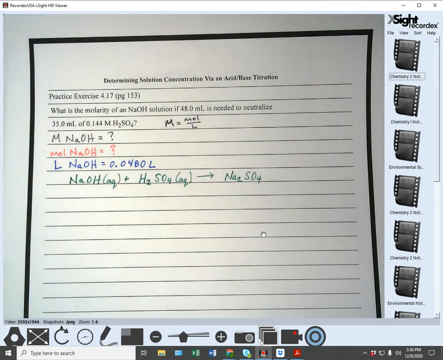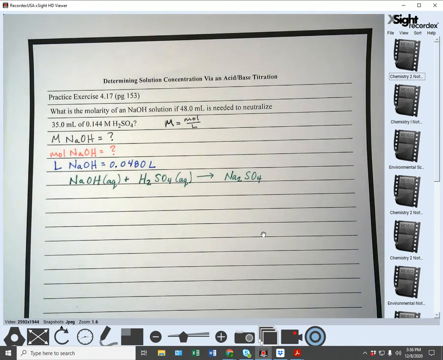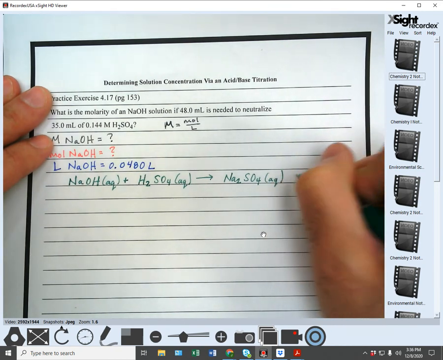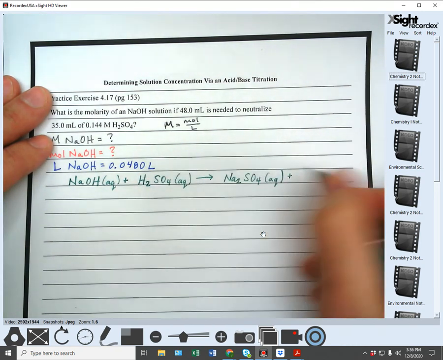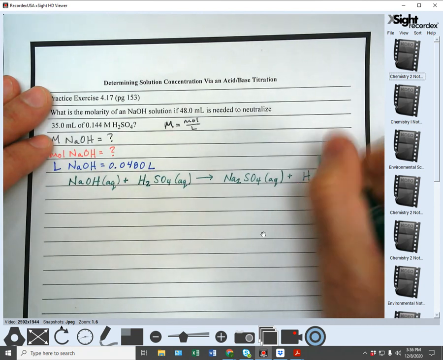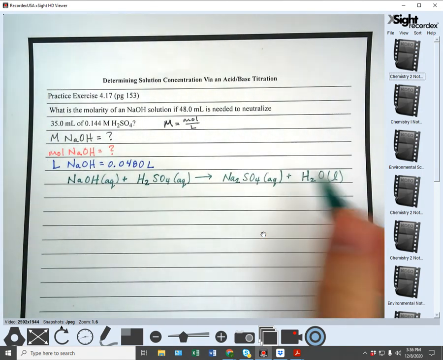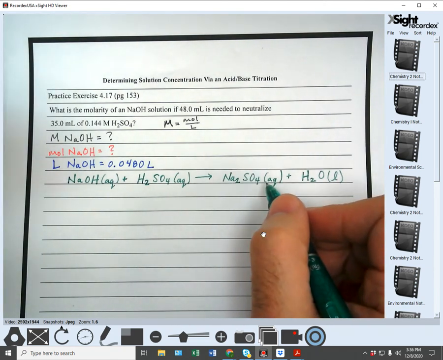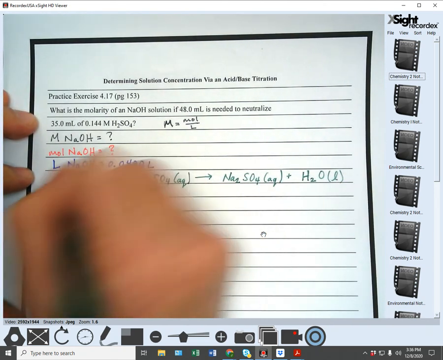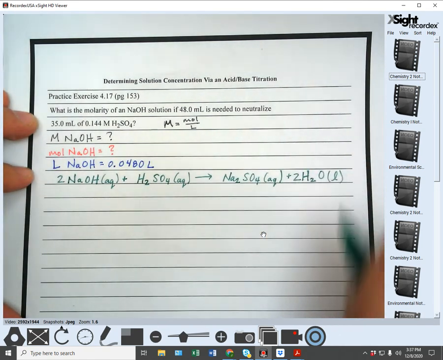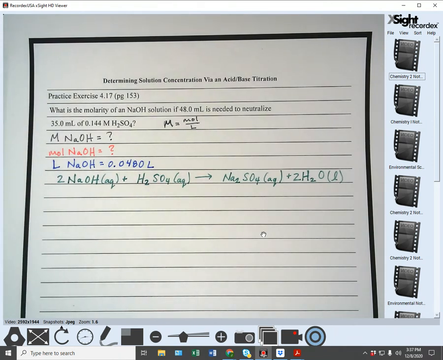Let me check my solubility. It should be aqueous, and it is. Plus we've got hydrogen and hydroxide, so that's going to be water, H2O liquid. So balancing, we would need a 2 here and a 2 in front of the water. And we're balanced. So that's our balanced equation.